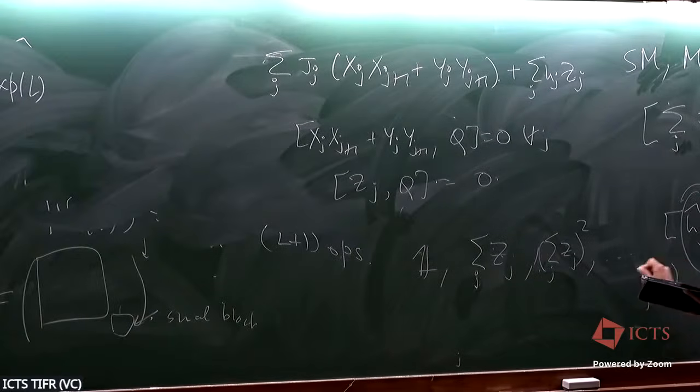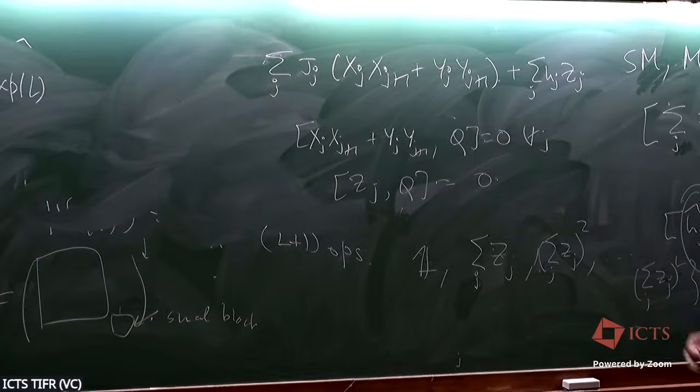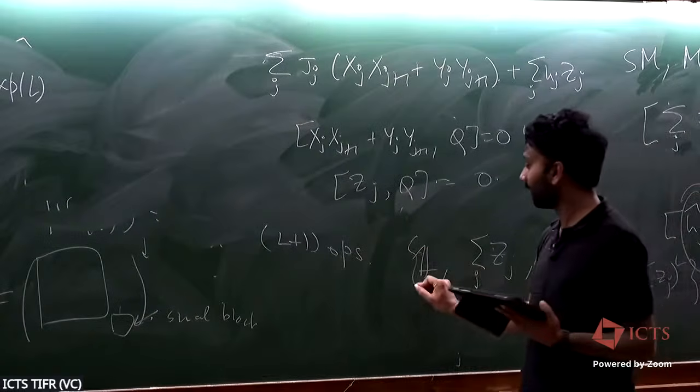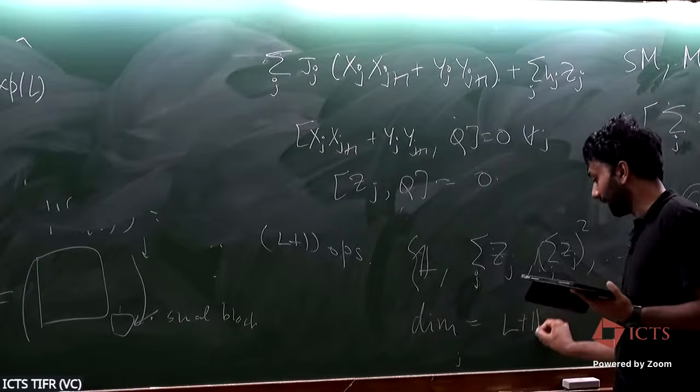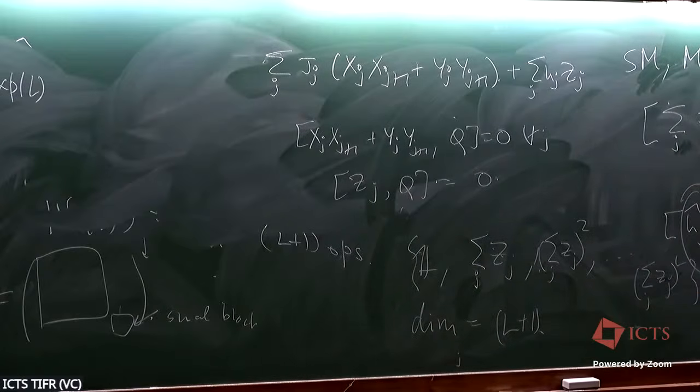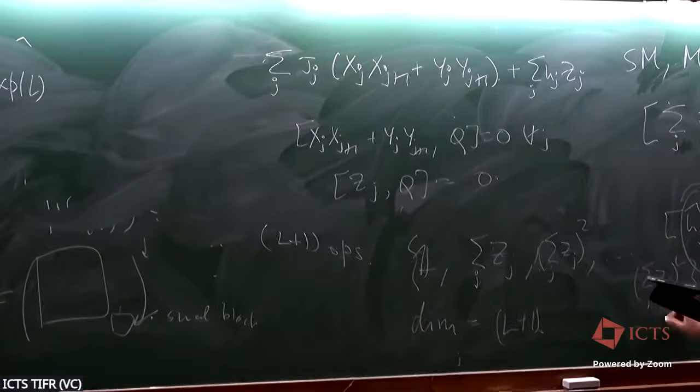But if I have more than L+1 powers, you can re-express them in terms of these. So the dimension of the space is L+1. There are L+1 independent operators which commute with each term. And this is what we call a U1 symmetry.